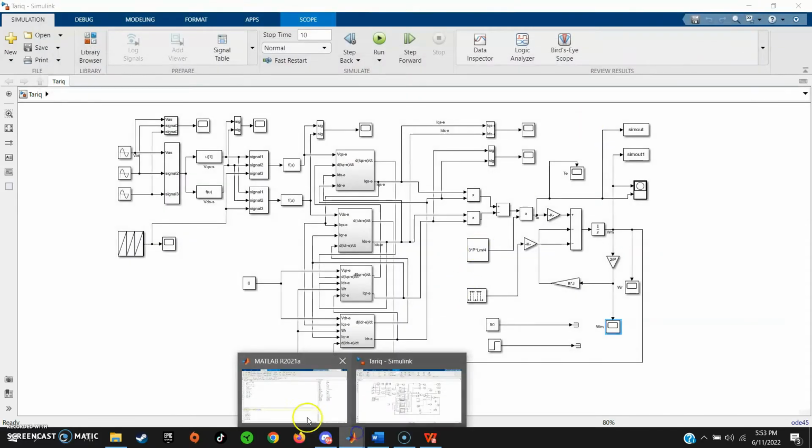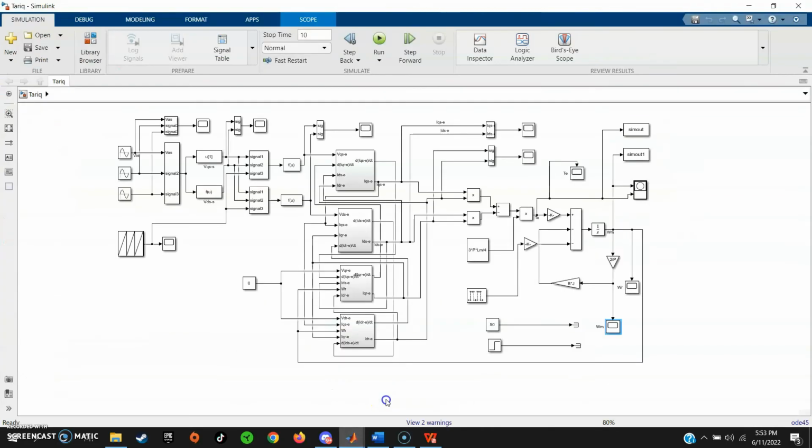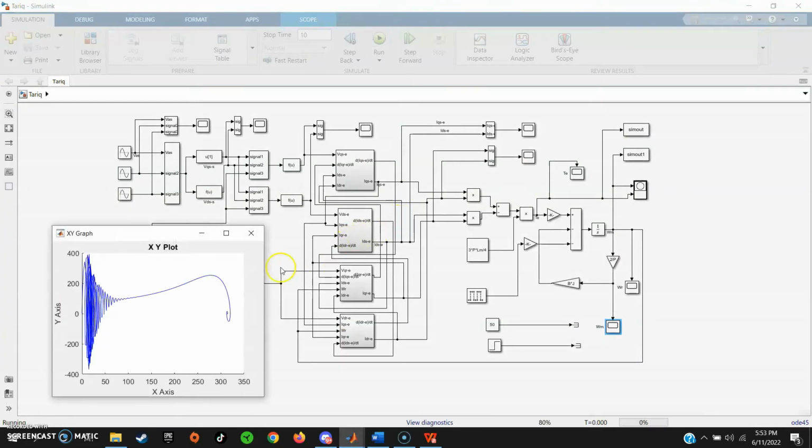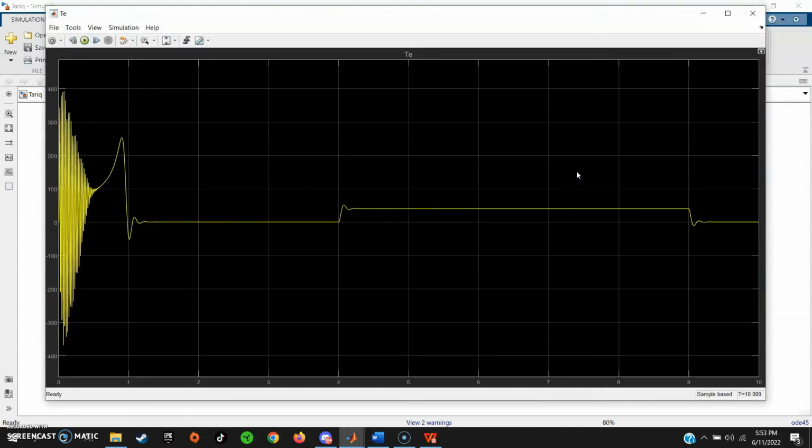Okay, for the second set we change the voltage to 480 divided by square root 3, the frequency the same, and the poles we change to 4. Okay, I run. This is the XY plot graph, and this one is the electromagnetic torque versus time graph.